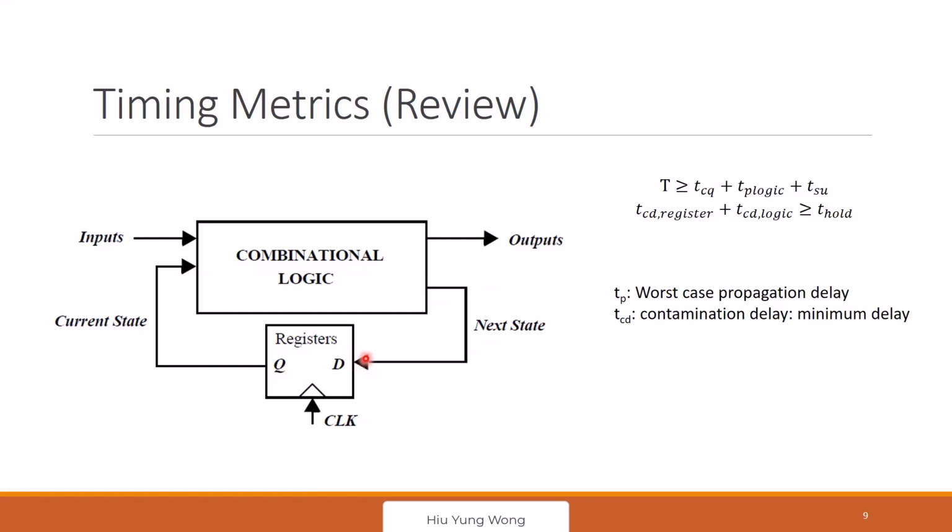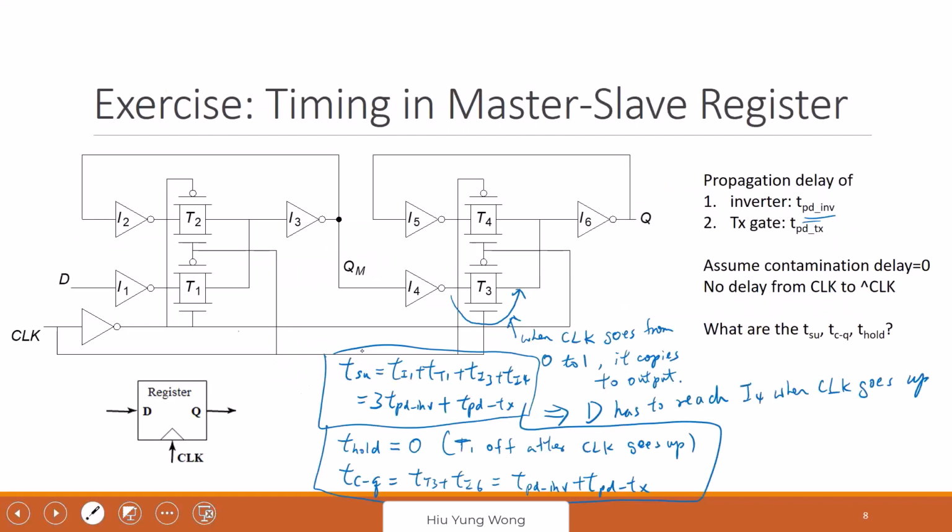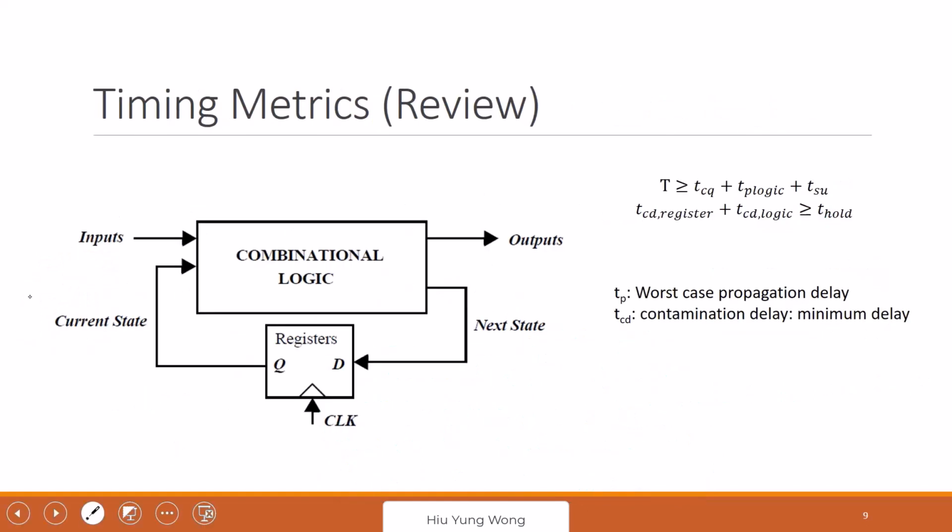You change the input and we still have not fulfilled the setup time. This is just like a racing condition if you have a feedback. And then now you go in so fast, maybe it will just erase this one. When I was trying to copy to here, during the setup time, you already changed the D. So this is when you have a feedback.